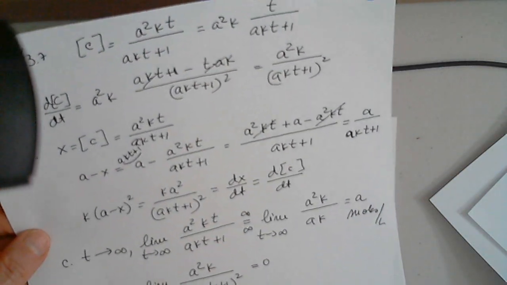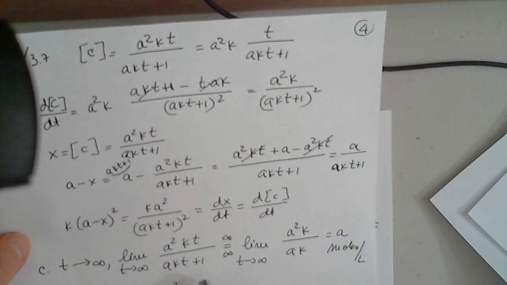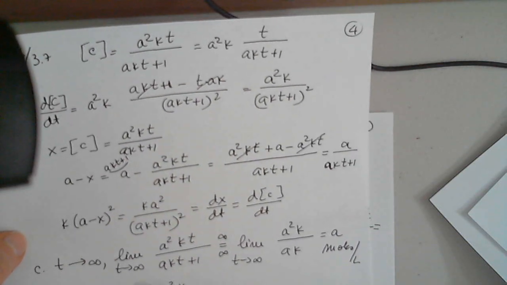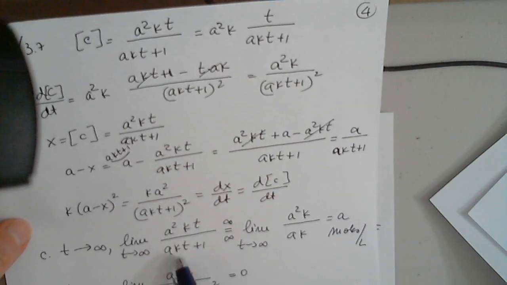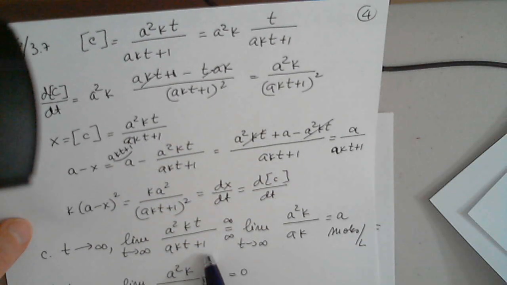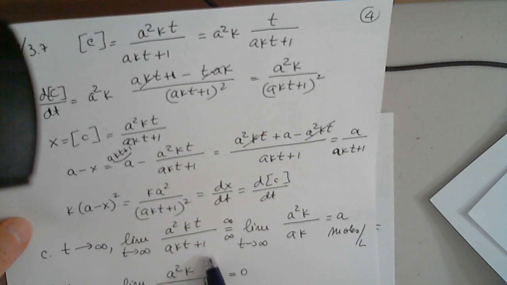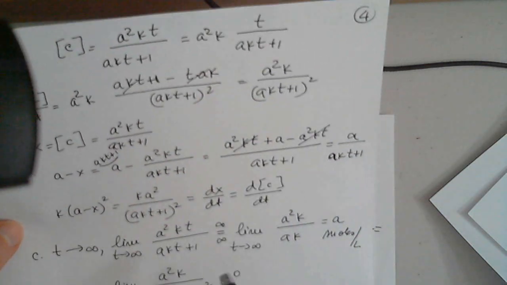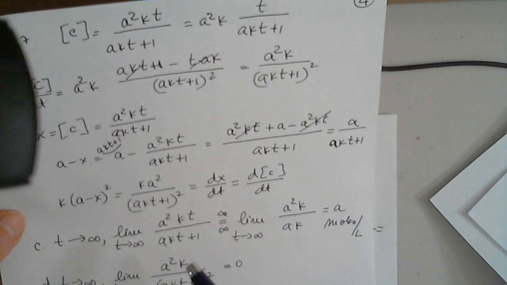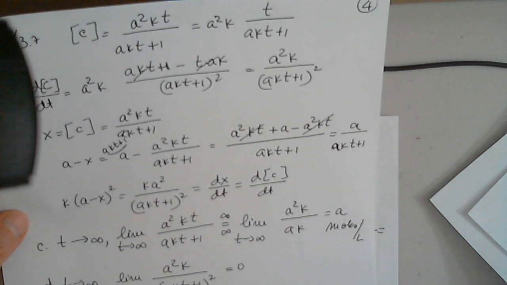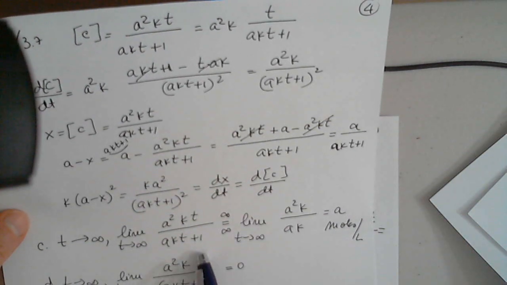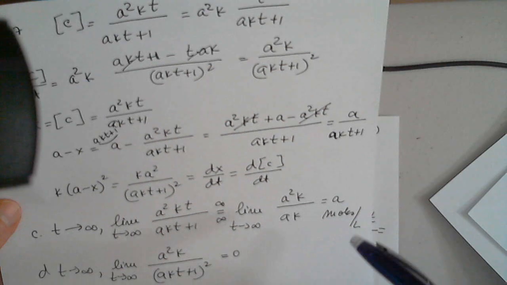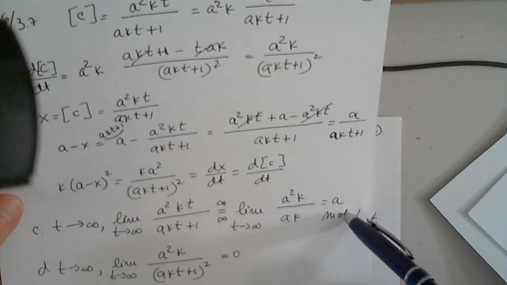When t approaches infinity, obviously this limit of a squared kt over a kt plus 1 of the concentration formula. Use L'Hopital's rule because it's infinity over infinity. So it's a squared k over a squared over ak. So the answer is lowercase a in moles per liter.